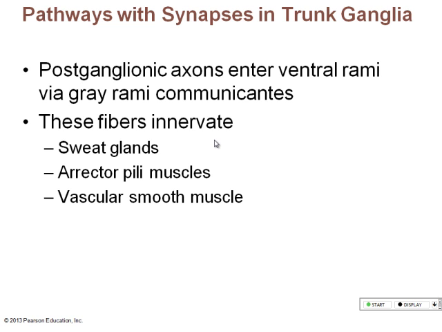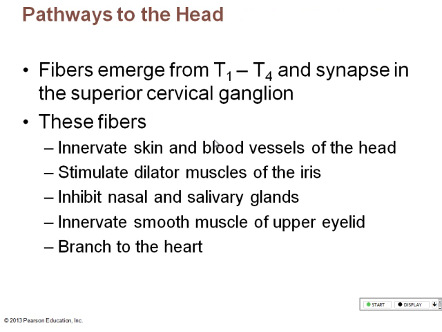When we discuss the integumentary system, we'll look at tiny little muscles associated with all the hair follicles in your cutaneous system, and those are erector pili muscles. And then we also see fibers that innervate vascular smooth muscle in your blood vessels to look at some of the differences in blood delivery. I need more, I need less.